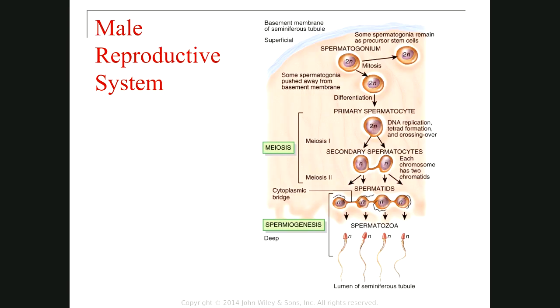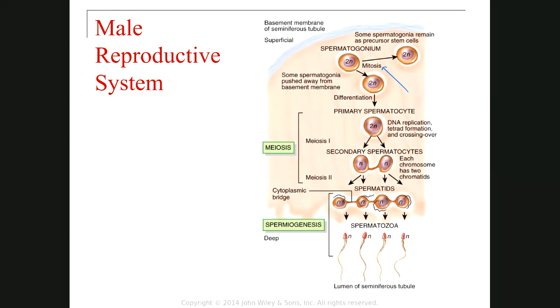Again, in this picture, you can see a part of the seminiferous tubule. This is the basement membrane. On the basement membrane, you have a spermatogonium. This spermatogonium, as you see here, does mitotic division. By mitotic division, we have two cells.